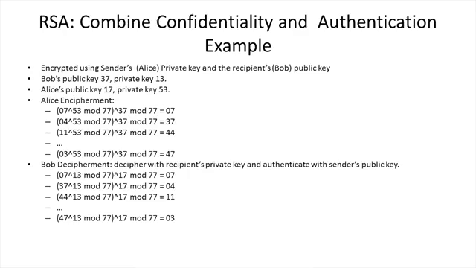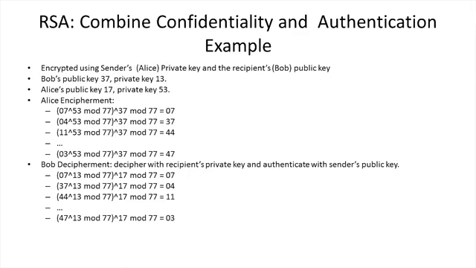Let's look at how Bob does the decryption. He is going to use his own private key, because the last step Alice did was using Bob's public key to encrypt. Therefore, we need to do a reverse process.